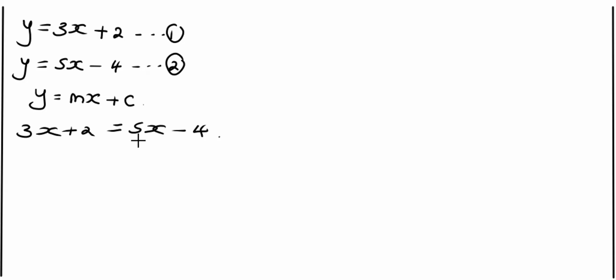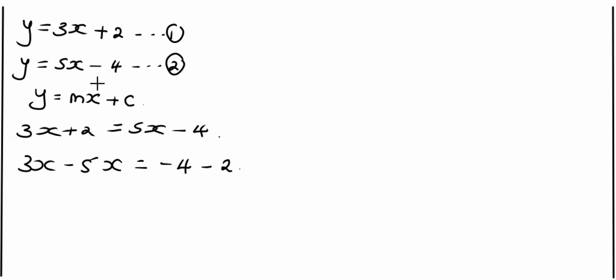So now we can start with grouping the like terms together. I can move this 5x to the other side. So it will be 3x - 5x, because x here was positive, on the other side it will be negative, equals this negative 4 here. Then I move this 2 to the other side, which will be minus 2.